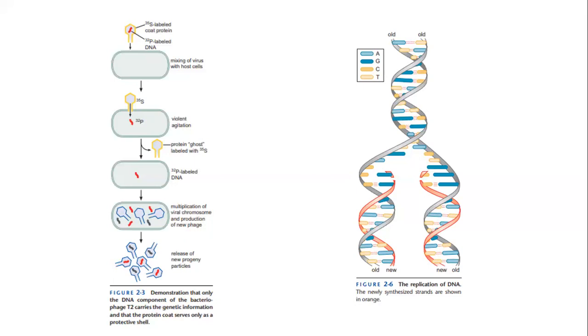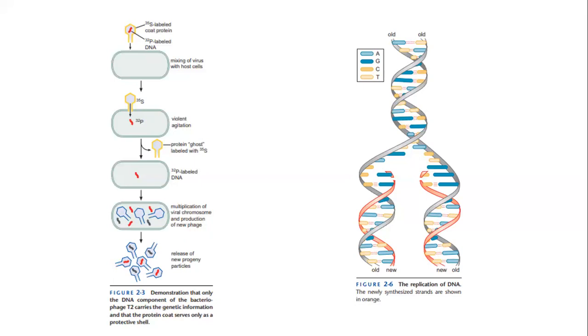A complementary double helix was proposed by Francis H. Crick and James D. Watson in 1953.